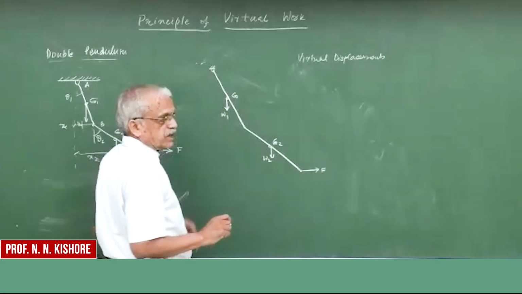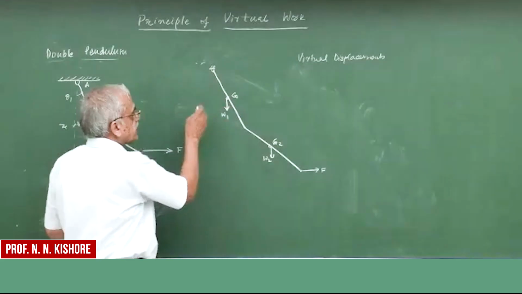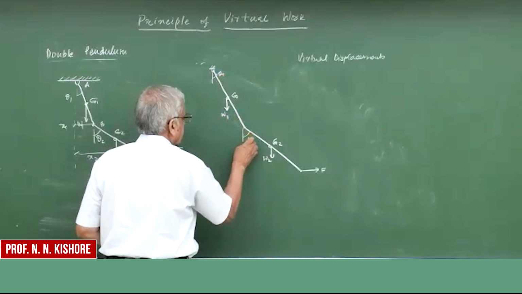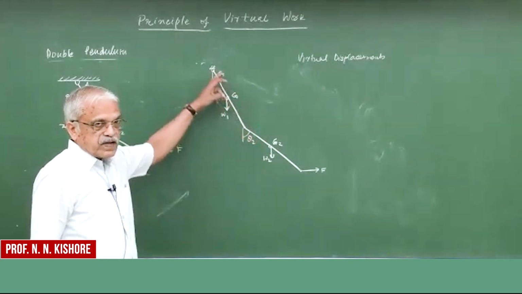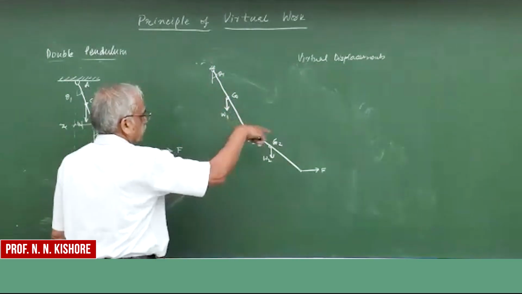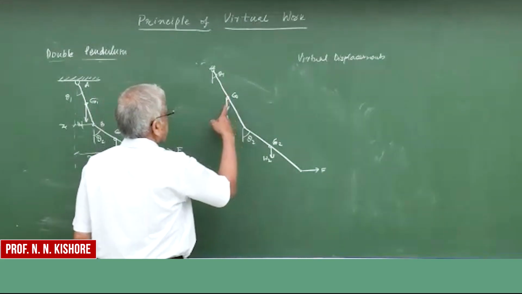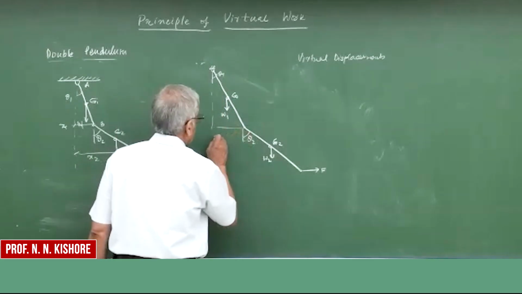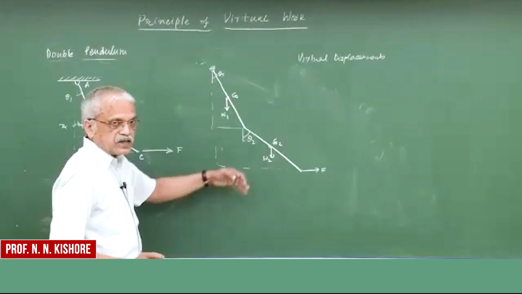So what we require here is that the W1 is acting downwards. So this is theta 1, theta 2. We are asked to find out what are the values of this theta 1, theta 2, so that this is under equilibrium. So assuming that theta 1, theta 2 is there, what we need here is that W1 and W2 are acting downwards.